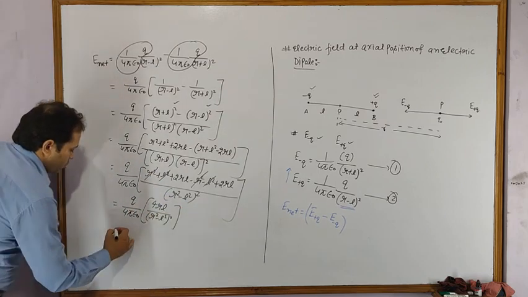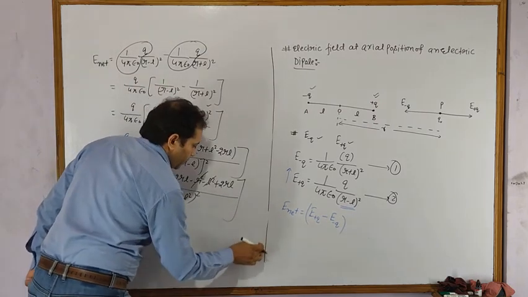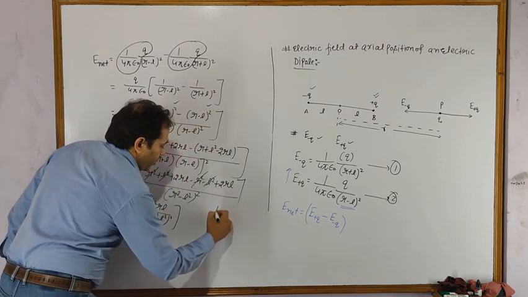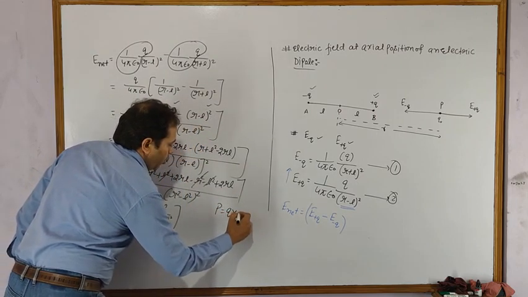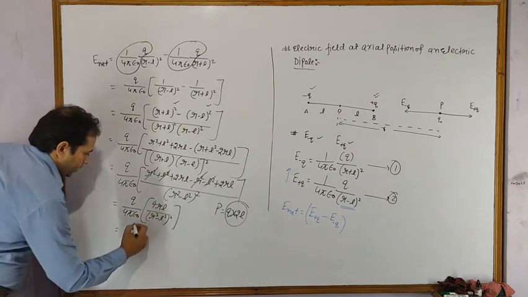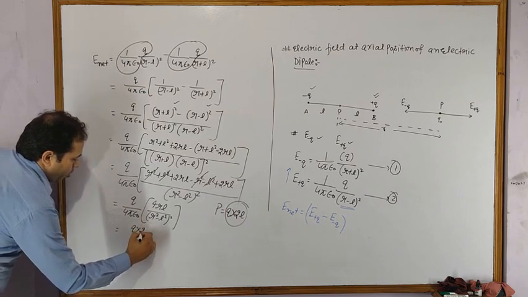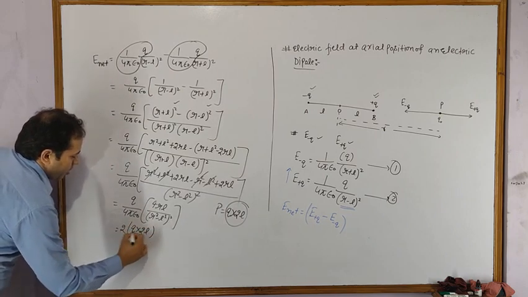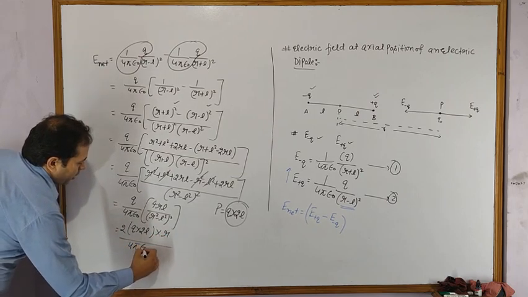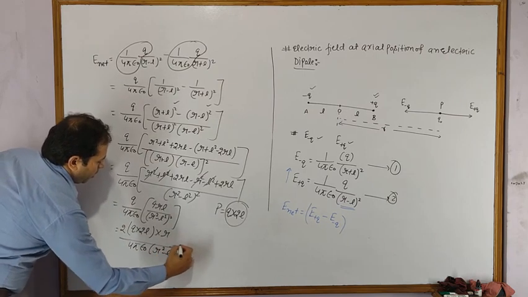Students, you already know the equation P equals Q into 2L. So write this value here: Q into 2L upon 4 pi epsilon naught R square minus L square power 2.